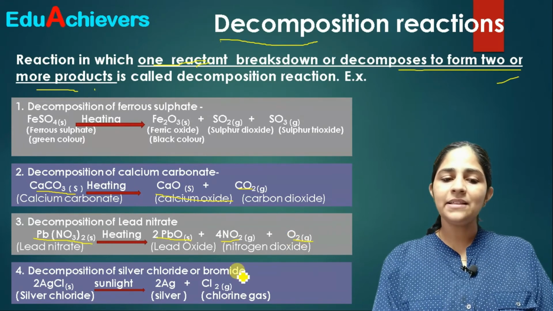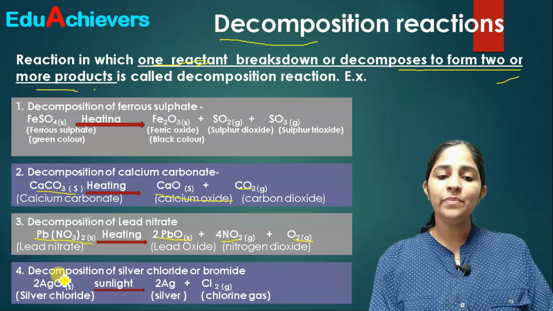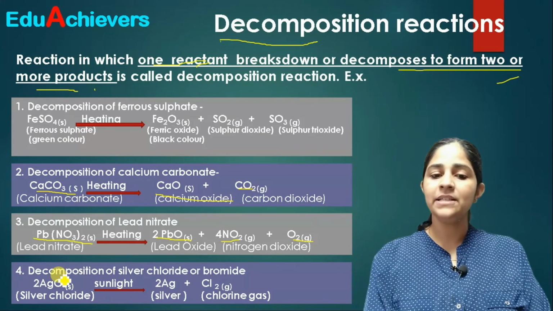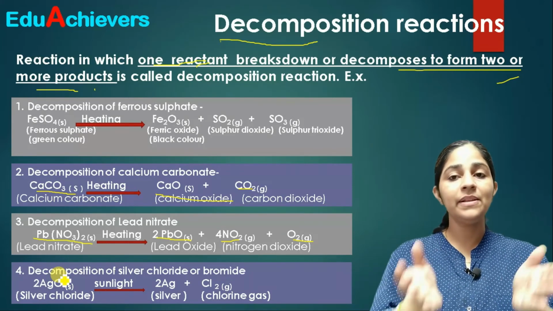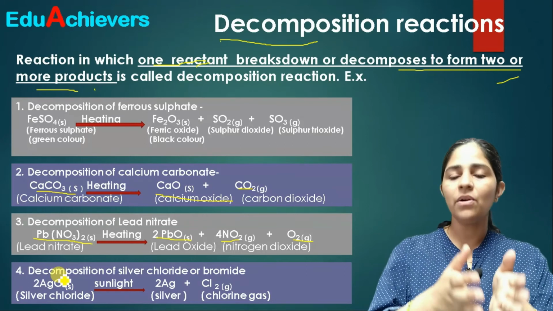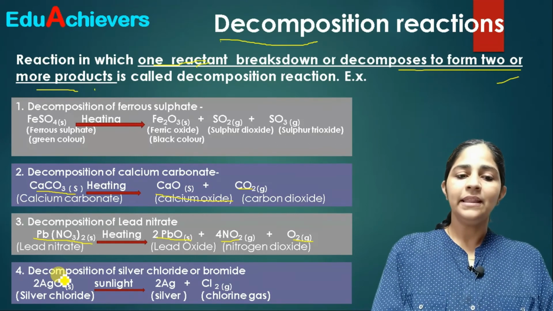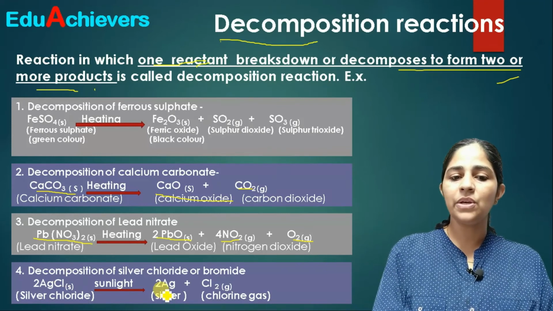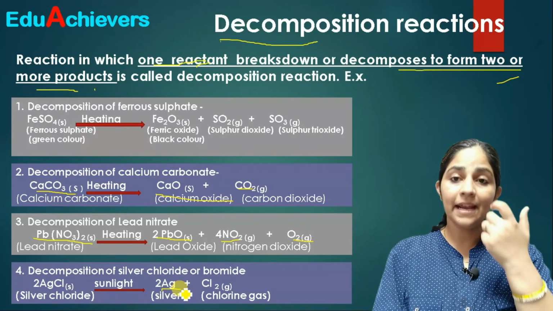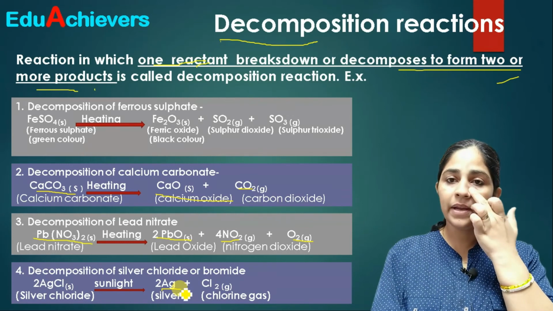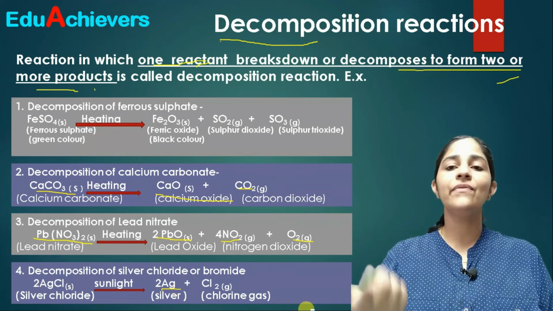And look at the decomposition of silver chloride or silver bromide. When silver chloride or silver bromide is decomposed, what will form? The silver gets separated and chlorine gas or bromine gas is evolved.